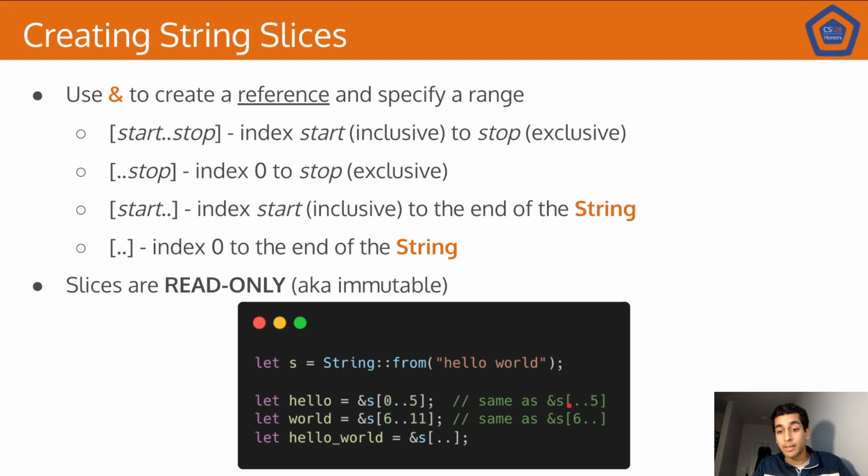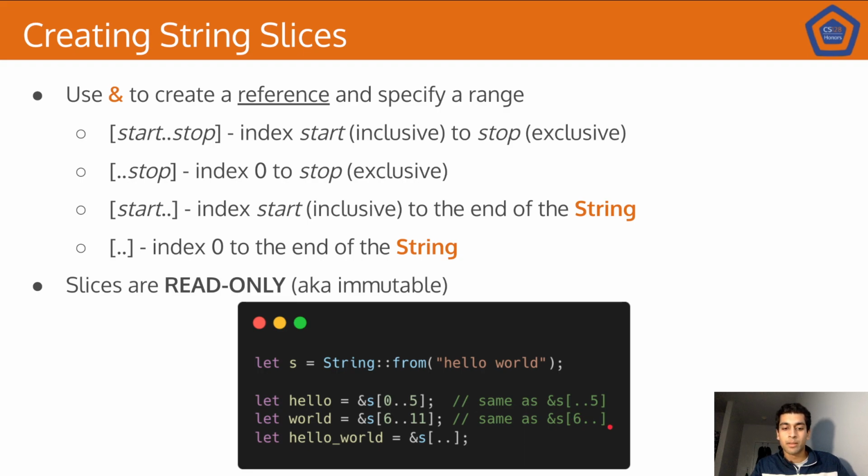They are the exact same, just syntactically different. And then world: start at 6, end at 11. You'll notice that this string is 11 characters long, so ending at 11, the length of the string, which is exclusive, we'll actually use the character at index 10, d, and nothing after it. This is the exact same as just specifying the starting index 6 and going to the end.